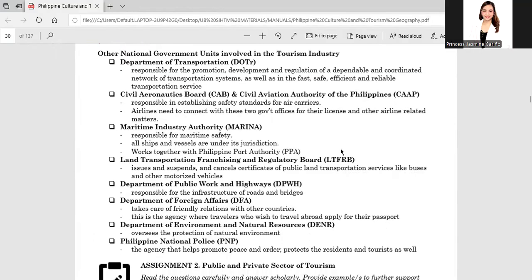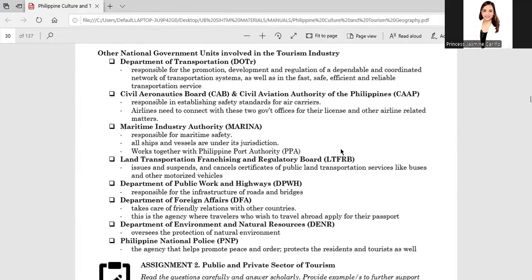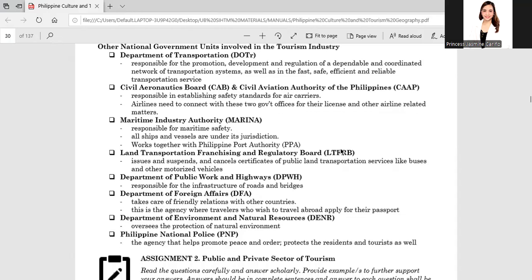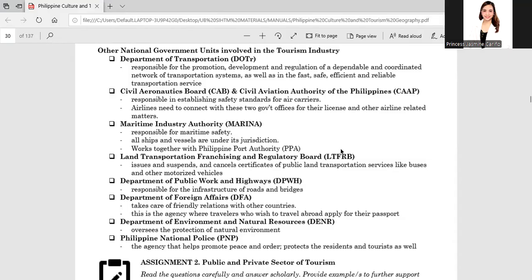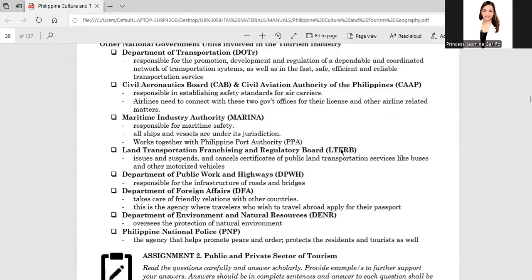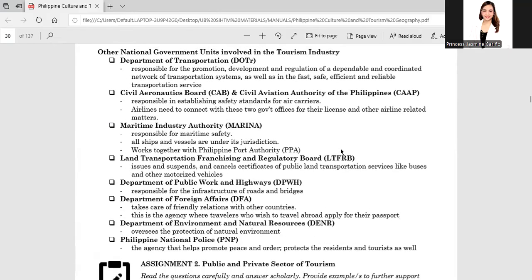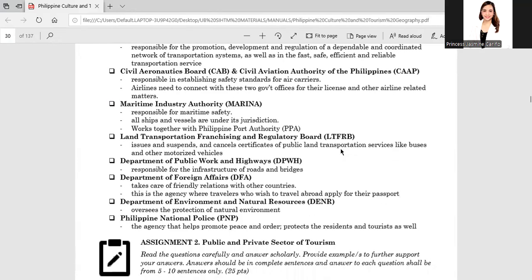Those people who are commuting or using public utility vehicles in the morning to go to class, the DOTR is responsible for supposedly making your commute easier. So I hope in the future that the long queues in transportation will be solved. Because sometimes even if you left your house early, you will still arrive late because of the long line and the lack of jeepneys or any other transportation.